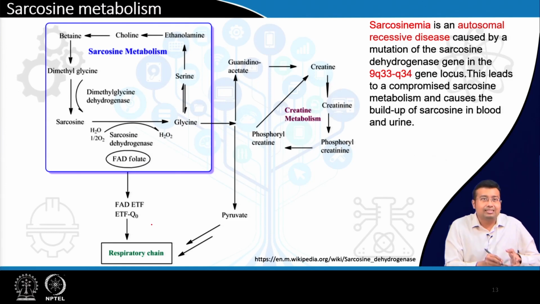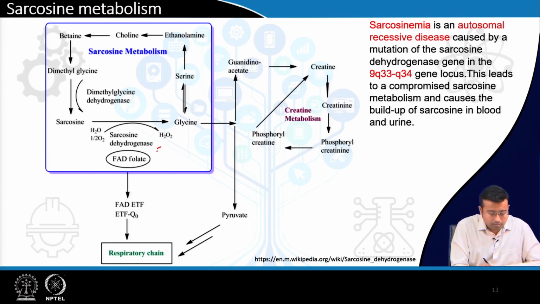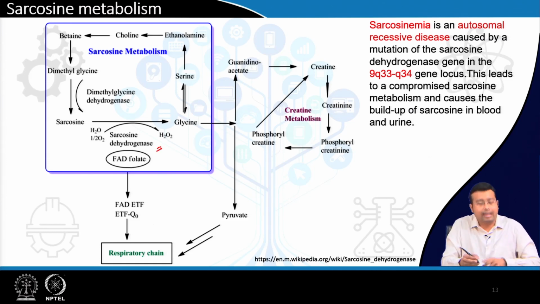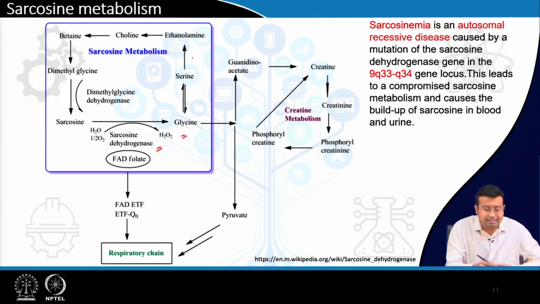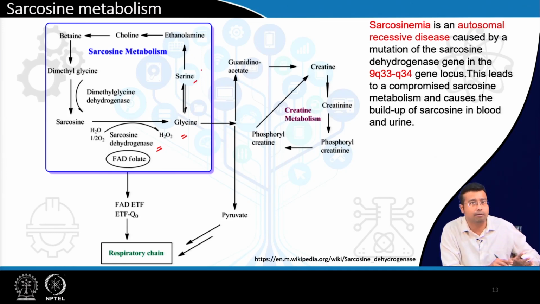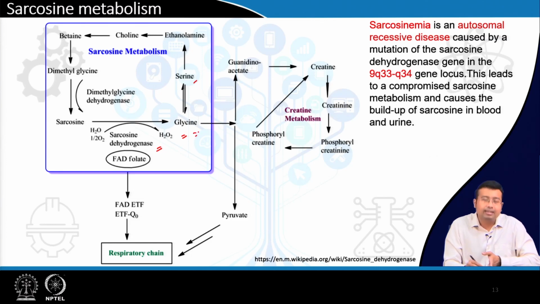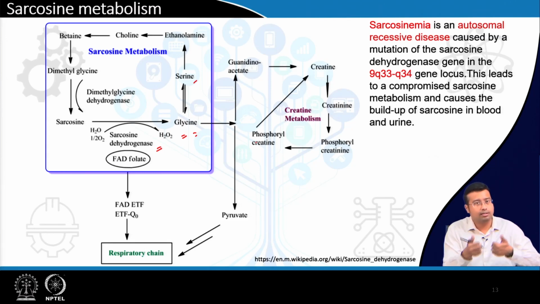So, this can actually lose the methyl group and can form glycine. So, sarcosine actually is a good source of glycine whenever required, and in this figure we can see how the glycine forms, first it gets converted to serine, ethanolamine, choline, betaine, that we already know from our previous diagram, and this glycine is being used in synthesis of multiple compounds that we already read in the previous class, right.